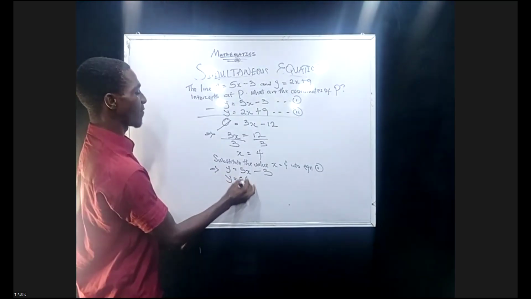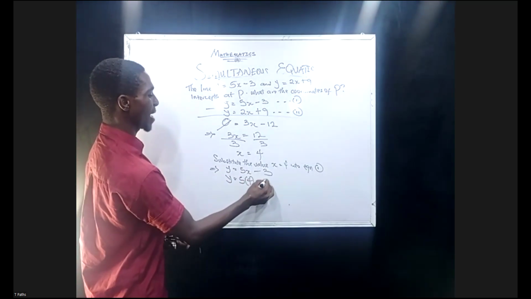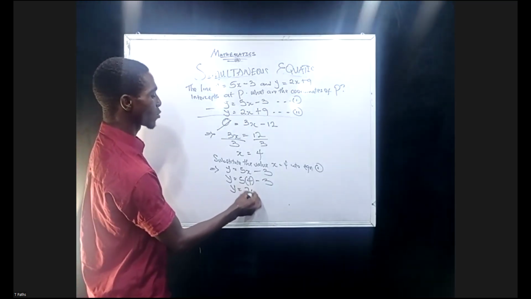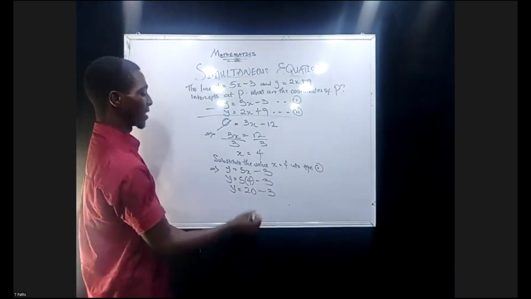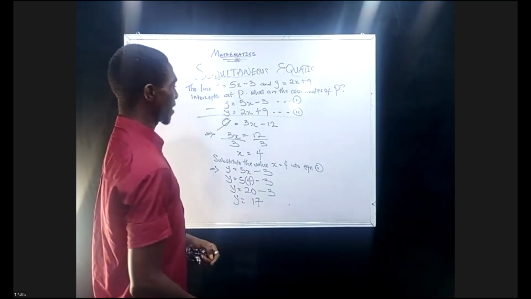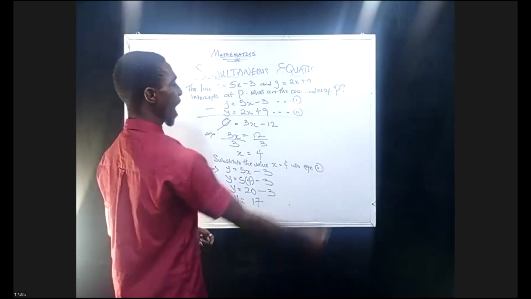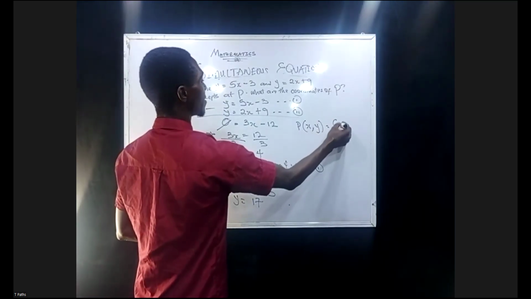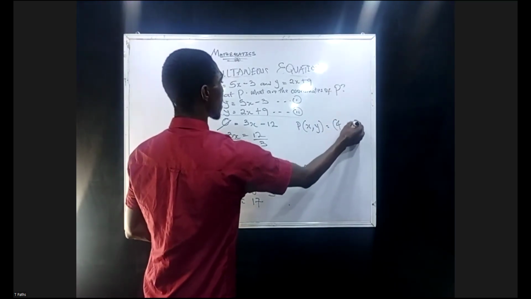Y equals 5 in brackets, x is 4, minus 3. Y equals 5 times 4, 20, minus 3. Then the value of my y equals 17. So what is the coordinate of our point P? Our point P having the coordinate x, y is given as 4, 17.